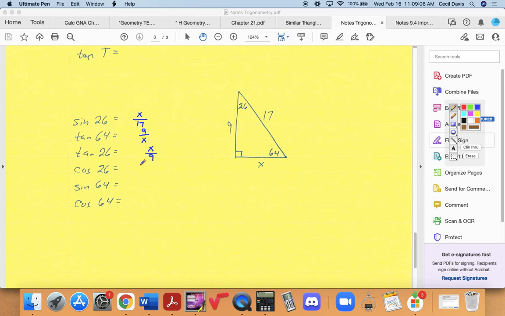That's 9 over 17. The sine of 64. Sine is what over what? Opposite over hypotenuse. That's 9 over 17. And last but not least, the cosine of 64. Adjacent over hypotenuse. The adjacent leg is X, and the hypotenuse is still 17.